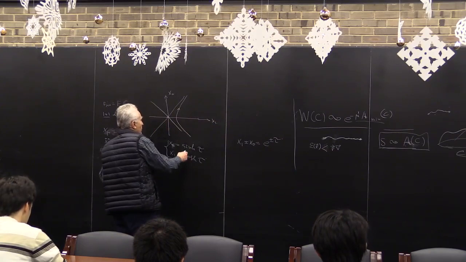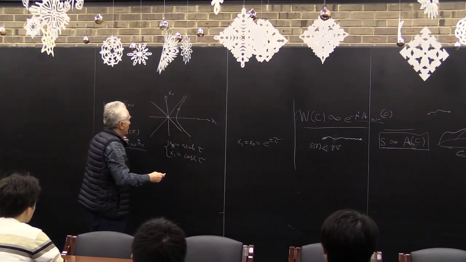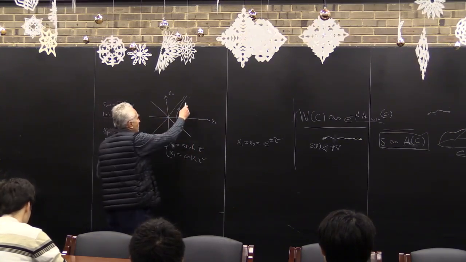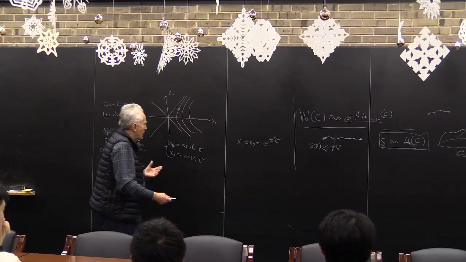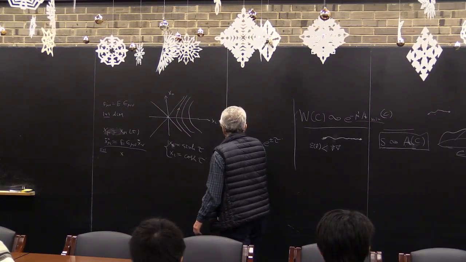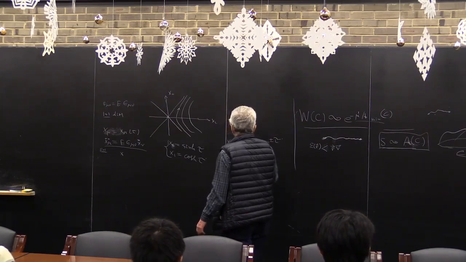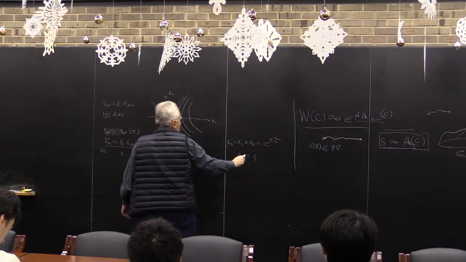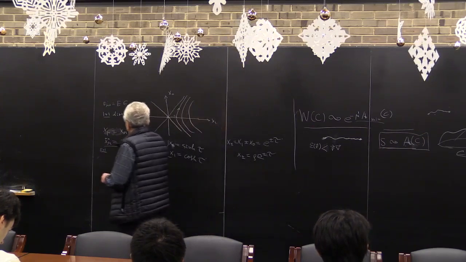More generally, there are of course many solutions depending on where the particle was at time 0. So the more general solution, which I will call x plus minus, will be rho, where rho is this distance, multiplied by e to the plus or minus tau.